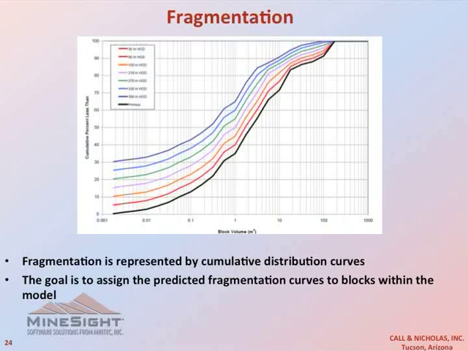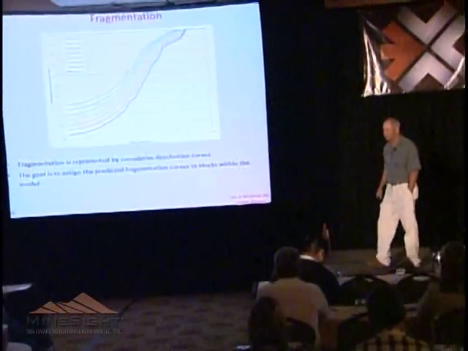But typically for any rock type or alteration type, we'll end up with a curve that describes the fragmentation of those rock types. And the goal here is to assign this curve into the block model so that, at any given point, you can determine what the size fraction would be.